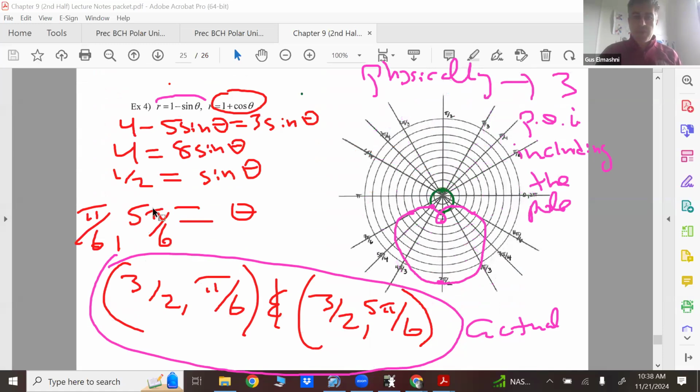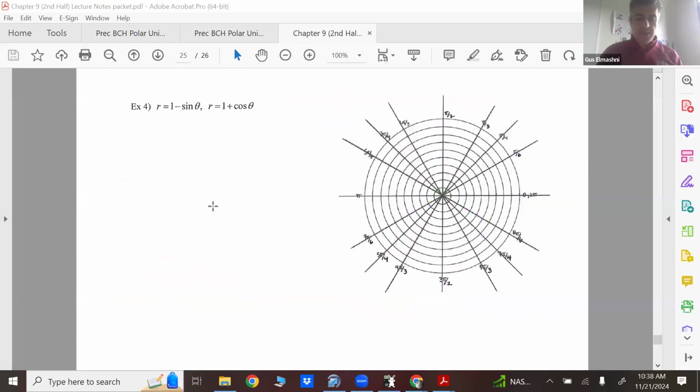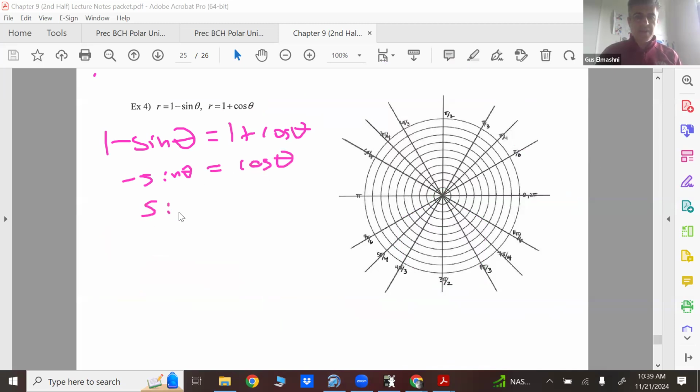Example 4. So again, let's just solve this analytically. What happens to the ones, guys? They cancel. So then you could say this. Then divide by cosine theta.